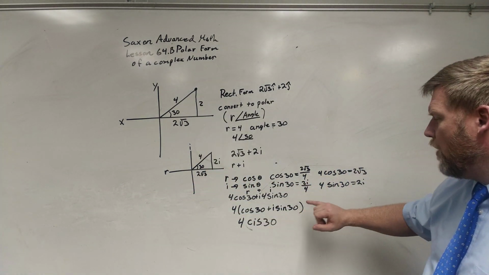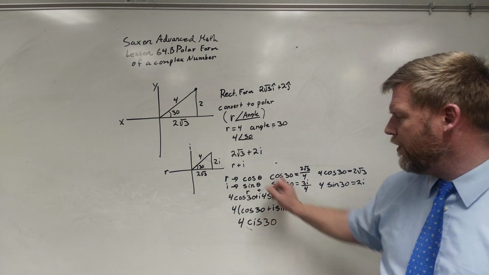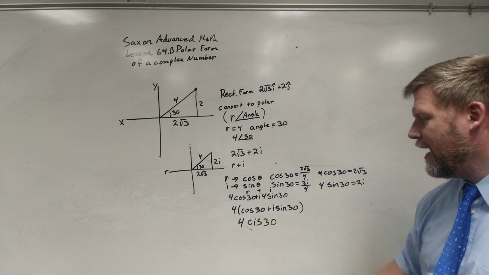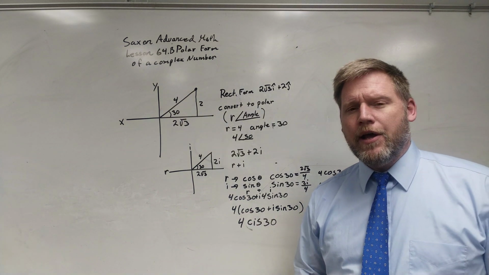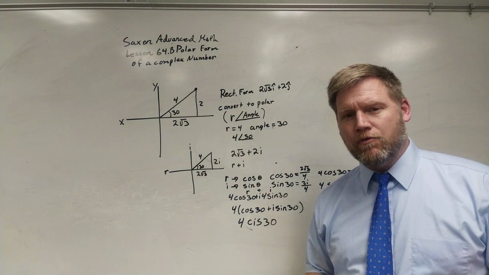And when I do so, I realize that this has both 4's in it. So if I factor that 4 out to the front, I'll get 4 times the cosine of 30 plus i sine of 30.